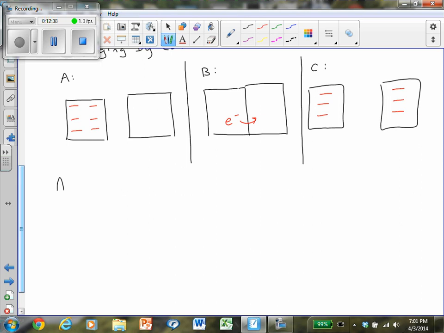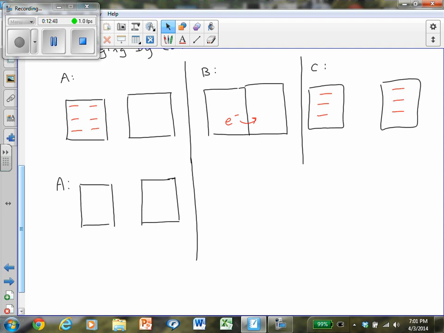So in this example, we'll start with a 2 positive here. And that means that it's down 2 electrons, right? 2 electrons have left of the billions upon trillions that are in it.